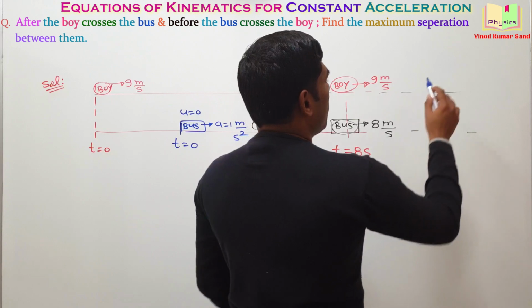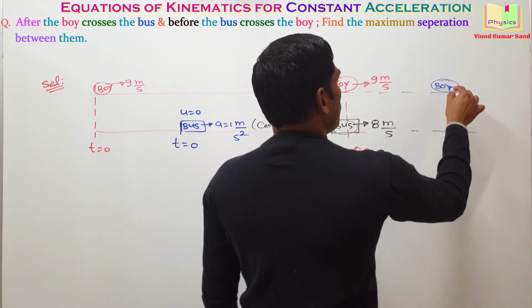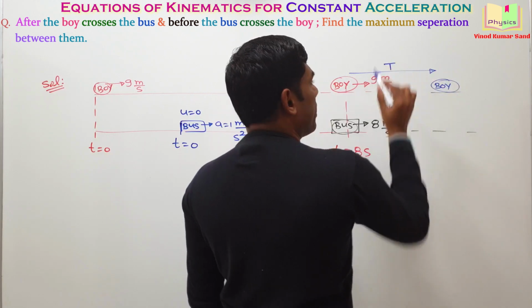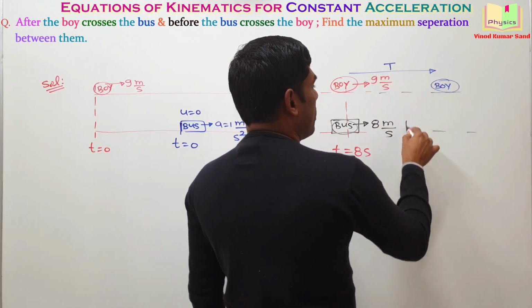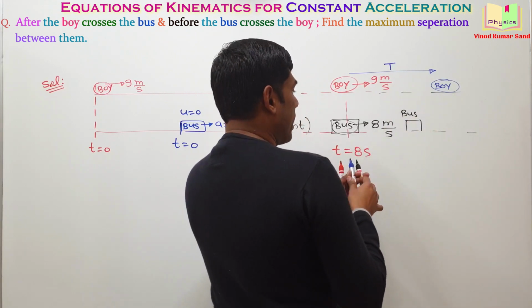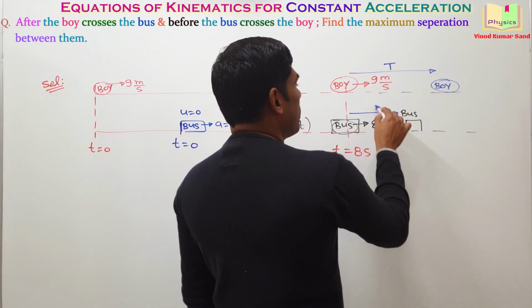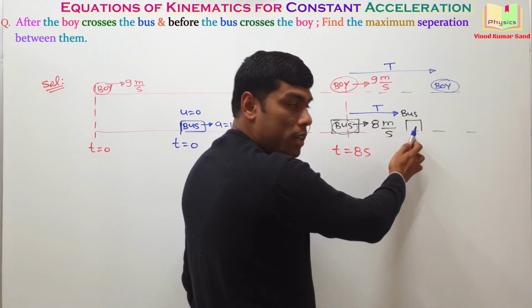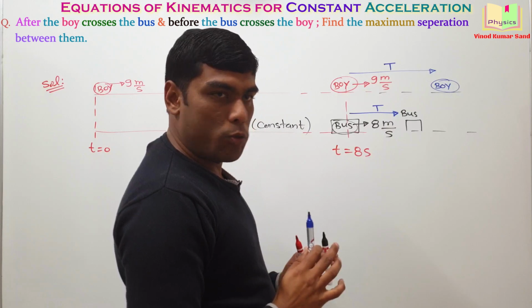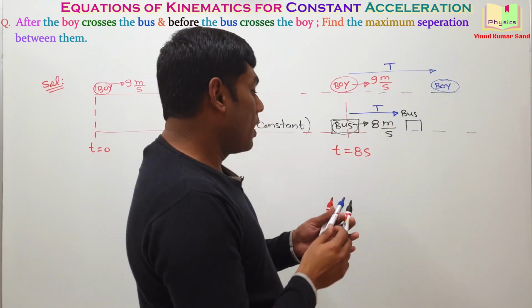After some time, the boy reaches here, and this time I consider as, let's say, capital T, and the bus reaches here only. Okay, in time capital T, the bus goes from here to here, while the boy goes from here to there, because it's moving faster as compared to the bus.